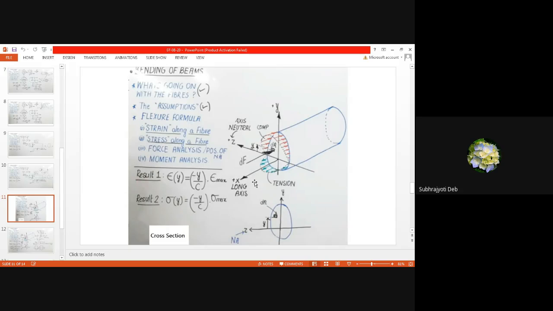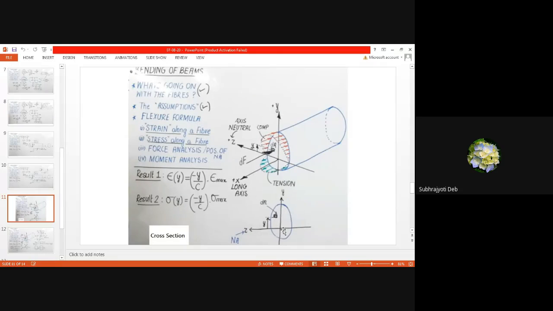And you also know this part: above the neutral axis there is compression, and below the neutral axis it is always the tension zone.